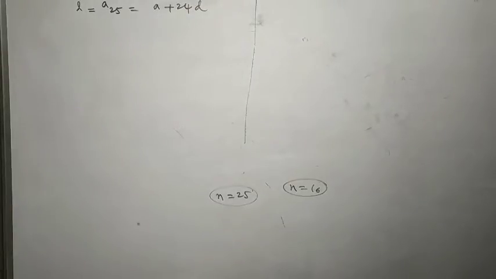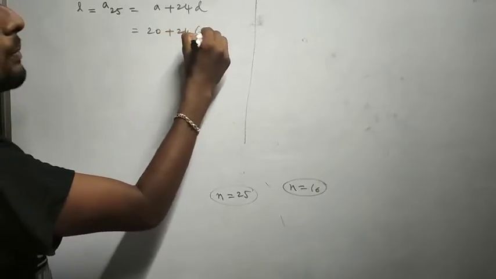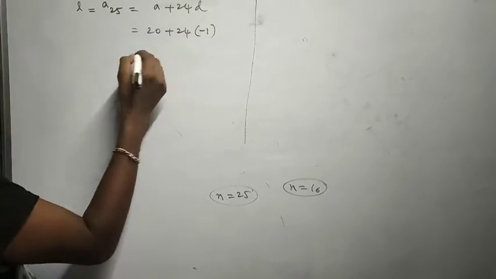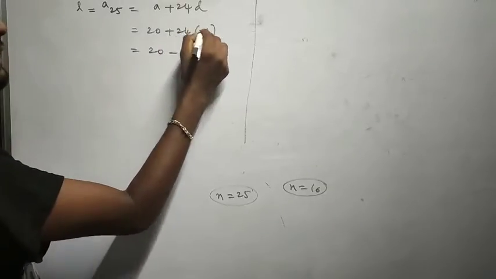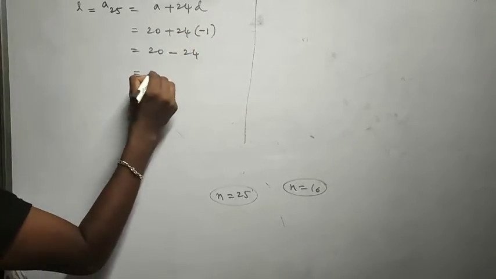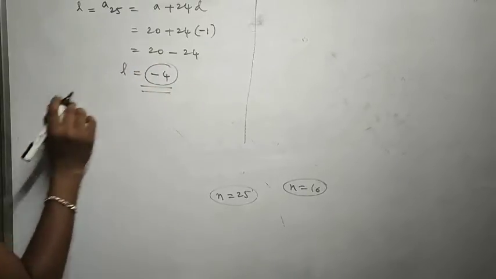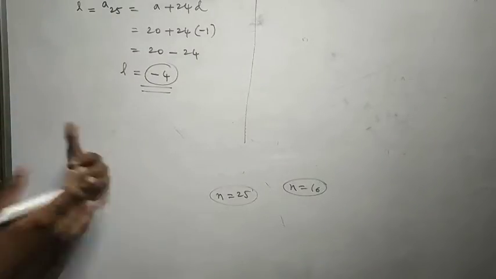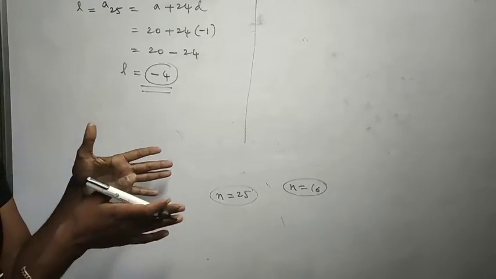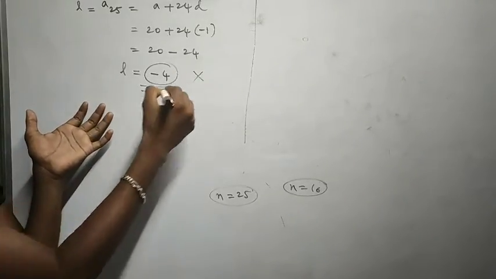The a value we know is 20, plus 24 into d value minus 1. So we get 20 minus 24, that is minus 4. So the last term represents minus 4 logs. Actually it's not a number, we are talking about logs. Minus 1 logs, or minus 1 trees, is senseless, am I right?